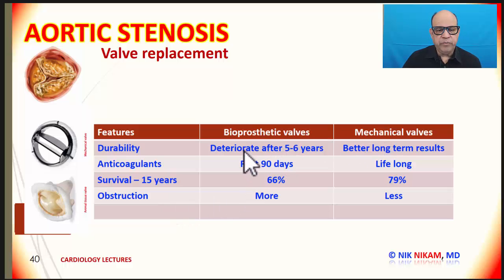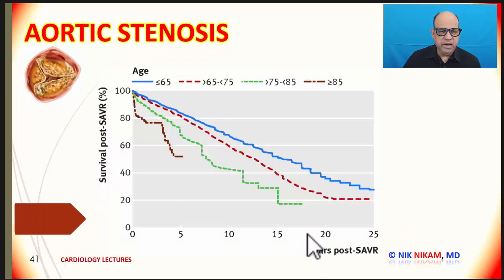The gradient is more pronounced in patients with bioprosthetic valve because of the struts and the leaflets themselves, whereas with mechanical valve, because the discs tilt and open widely, the gradient is less compared to bioprosthetic valves. Here is a survival graph post surgical aortic valve replacement. As we can see, in 15 years, younger patients do much better compared to patients between 75 and 85 years.